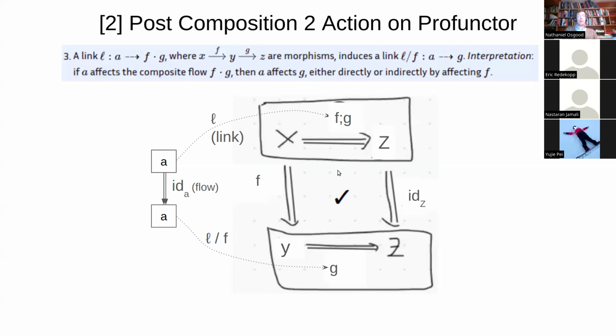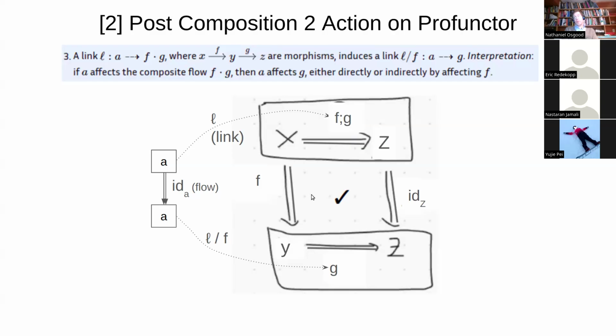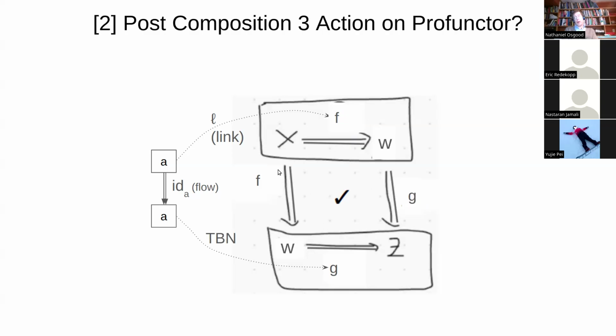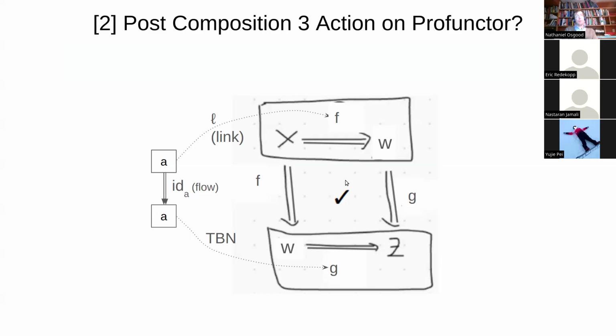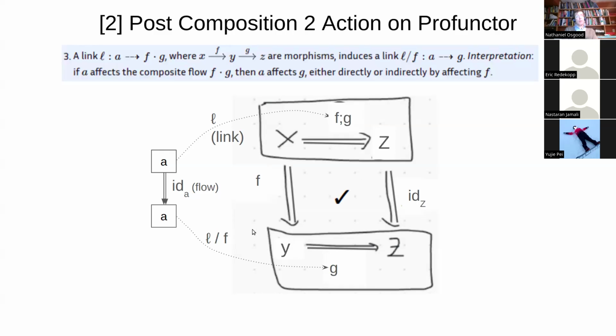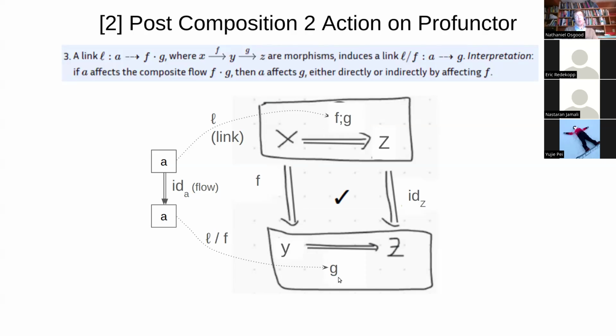This is almost the same thing as this in a way. We could write it with this square and get this link, where essentially this is a link from A to G that's induced by this. And that's something similar to what we had for post-composition 2.